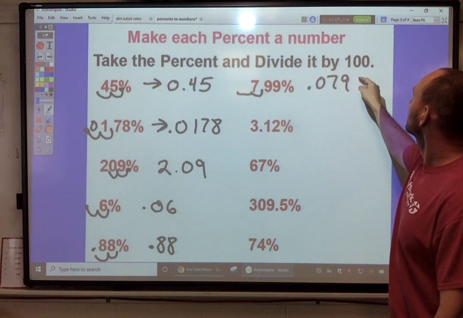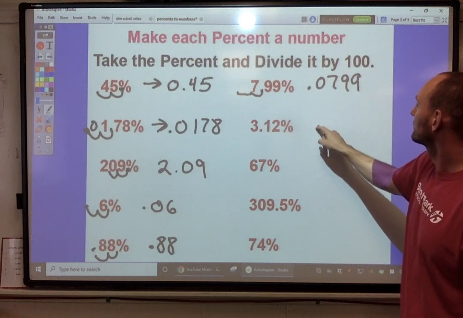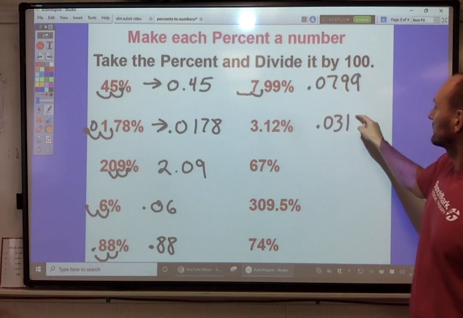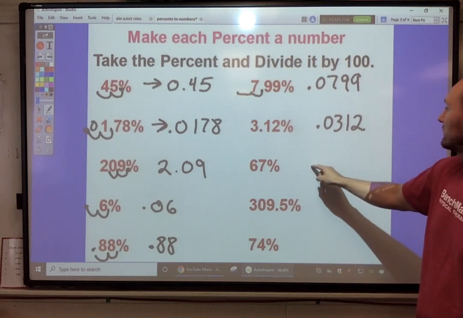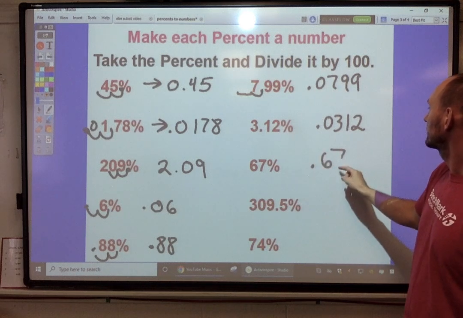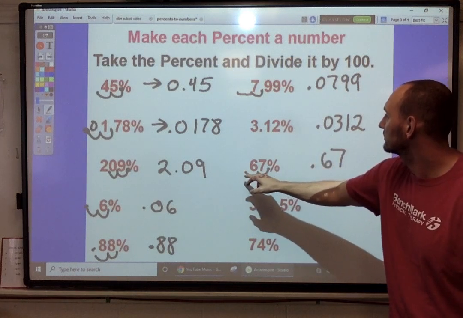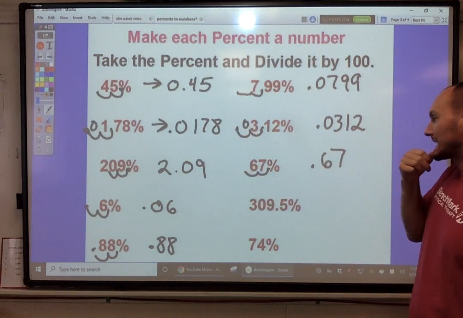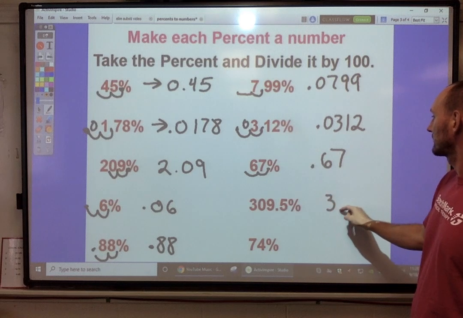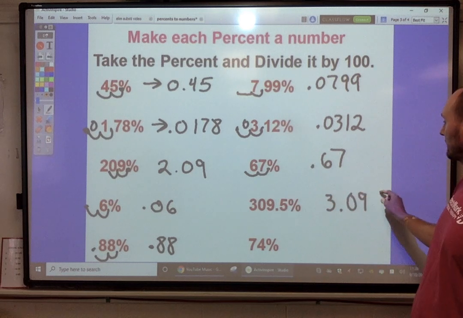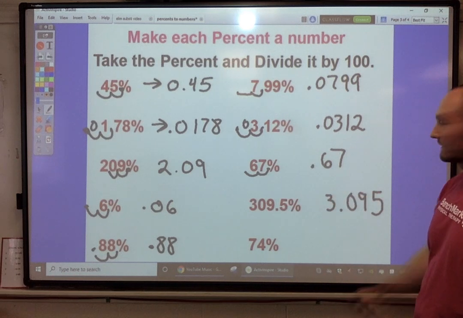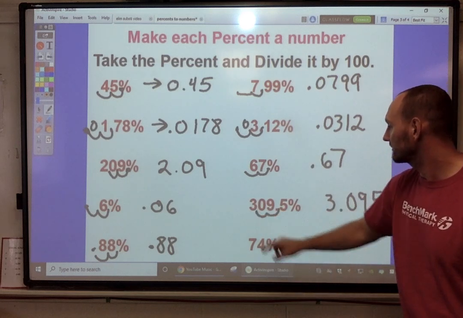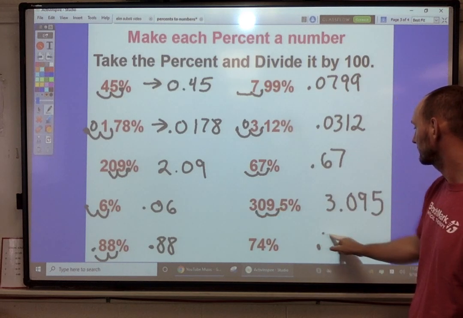So 0.799 should be the number I use. 1, 2, 6, 7, because it was here, moving it 2, 2, 5. Moving that 2 places to the left. And last one, sure you nailed it.